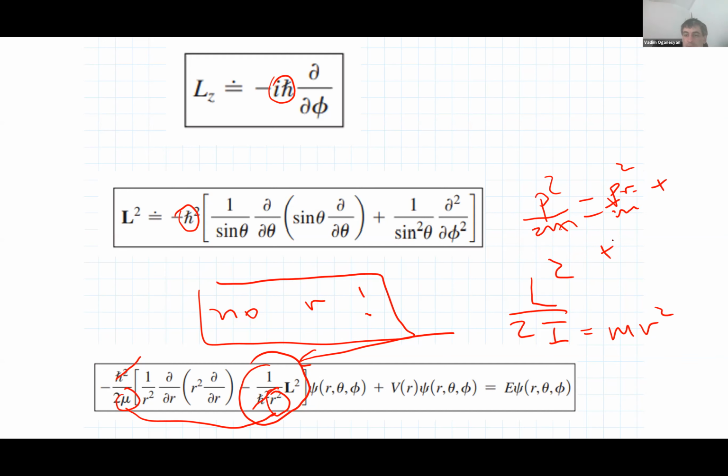And then there's going to be angular motion, which is correctly written as L squared over 2I. Okay. So this is the centrifugal barrier, it's called. There's extra kinetic energy if you want to move in an angular fashion.